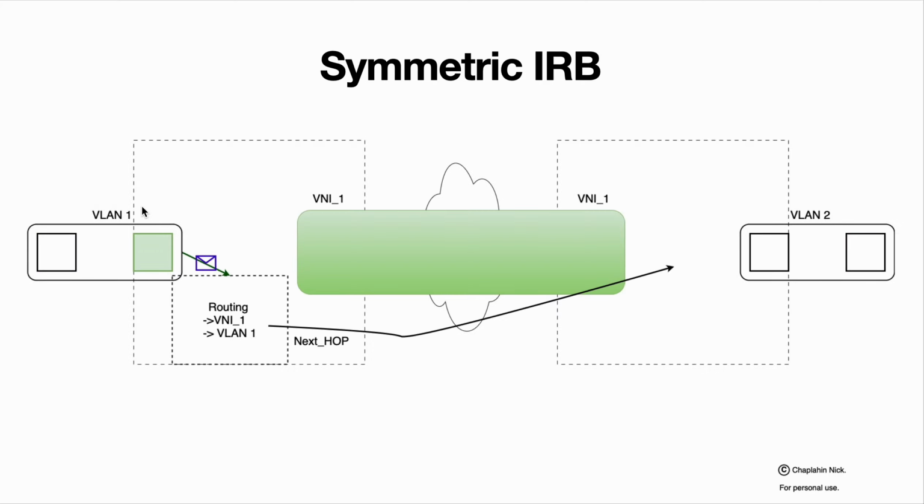We route this packet into the VNI because the next hop for this type of packet will be configured in our routing as the device on the tunnel end, the next hop in symmetric IRB. Then the routed traffic gets into the VNI.